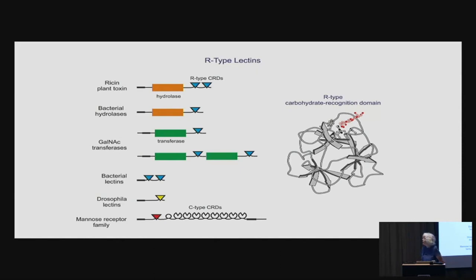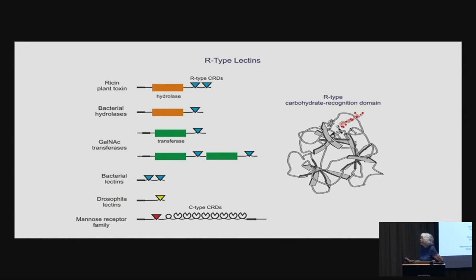R-type lectins are named because they are structurally similar to this domain in the plant toxin ricin, which recognizes galactose on cell surfaces, and that subunit causes the toxin to be internalized, where the hydrolase domain can attack the ribosomal RNA.